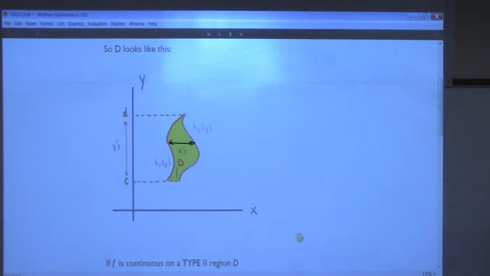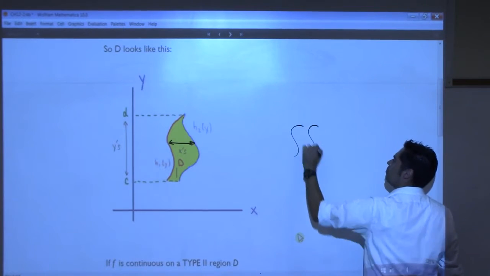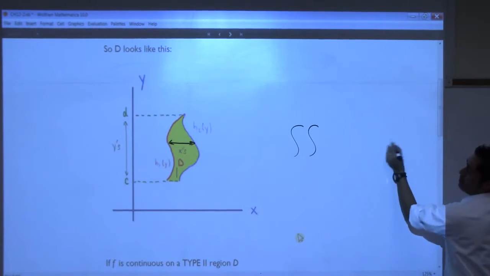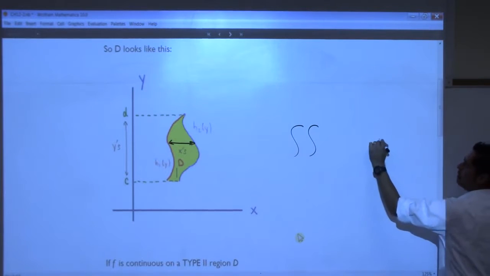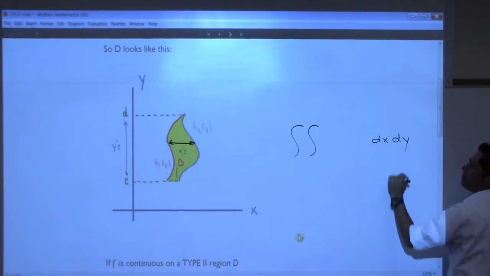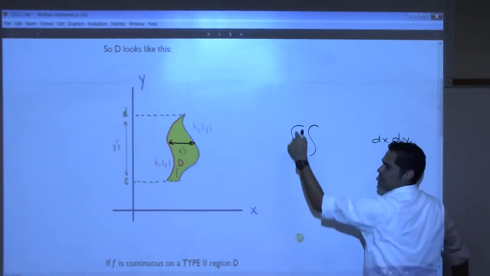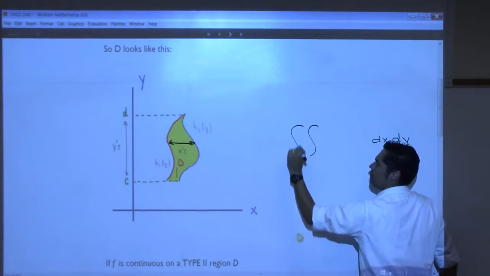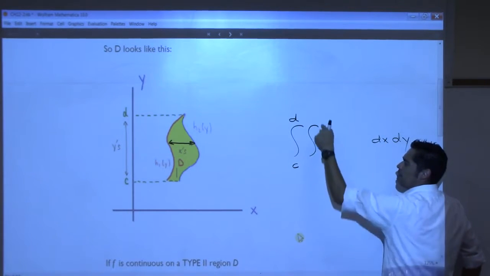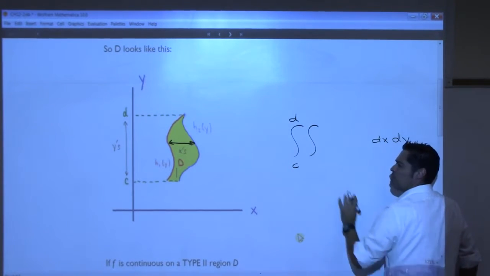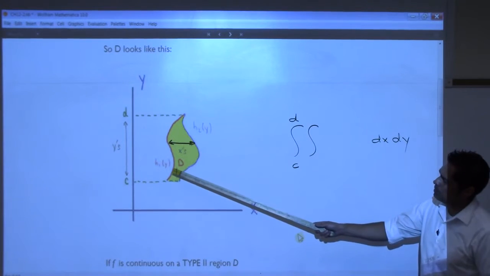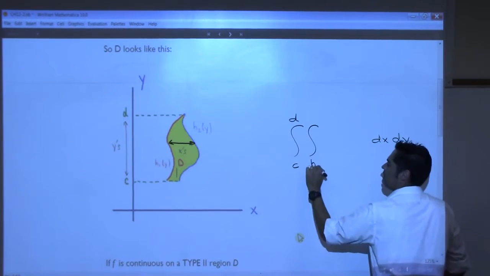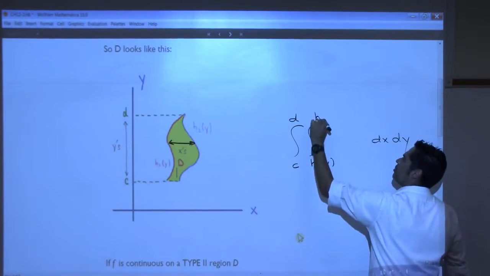And so what do you think the integral is going to be? Double integral. What's the order of integration going to have to be? It's going to be dx dy this time. On the outside you're going to have the y's. We use c and d so we don't confuse them with a and b. And then here, which one do you think happens first? H1, and H2.